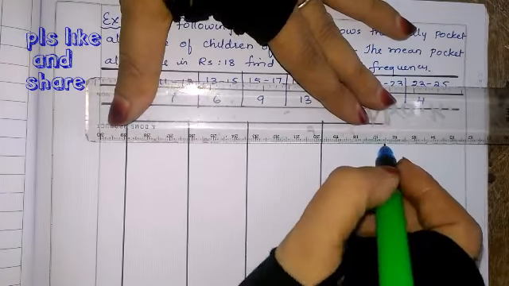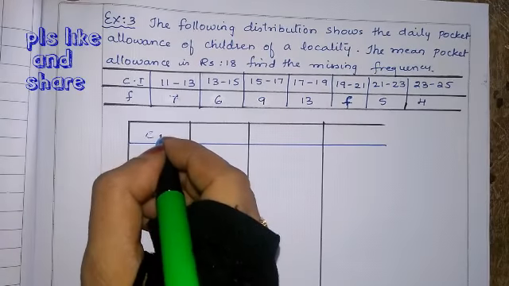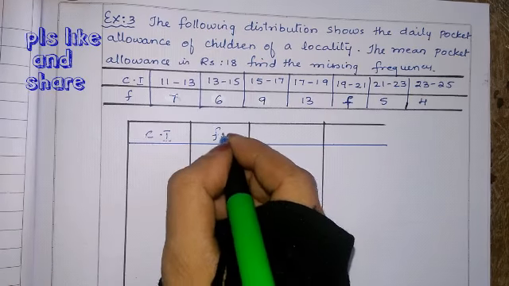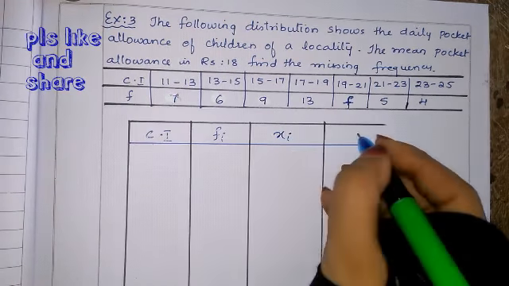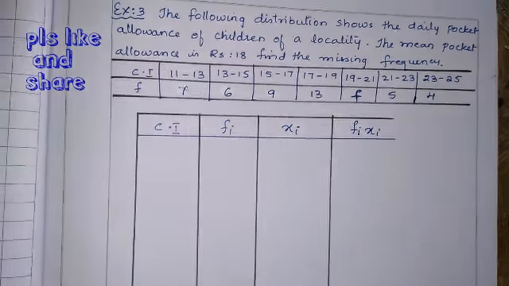Okay, the steps are exactly the same. Here first thing we have to write is the class interval. Second step fi. Next xi, then fi xi. The formula also is exactly the same.